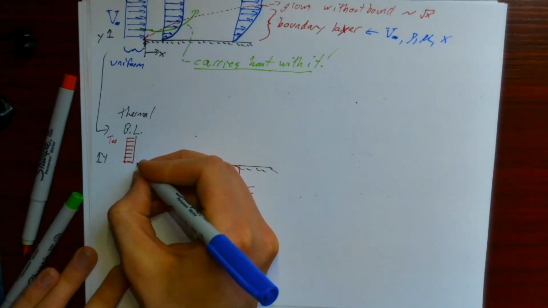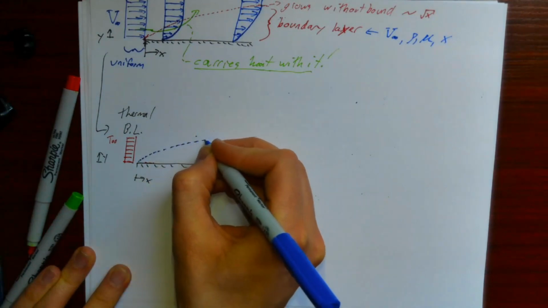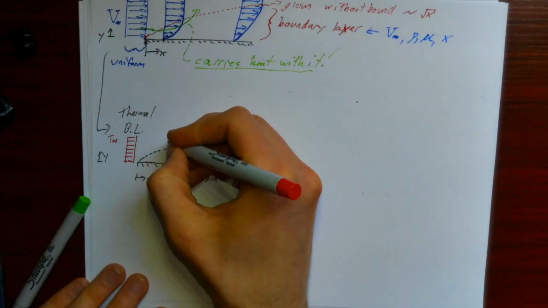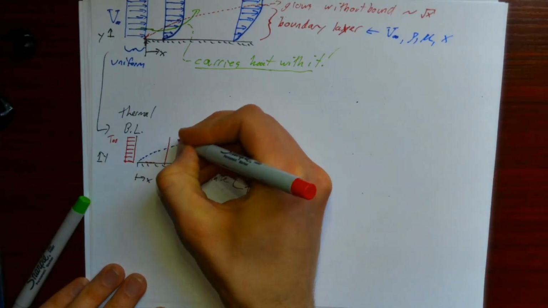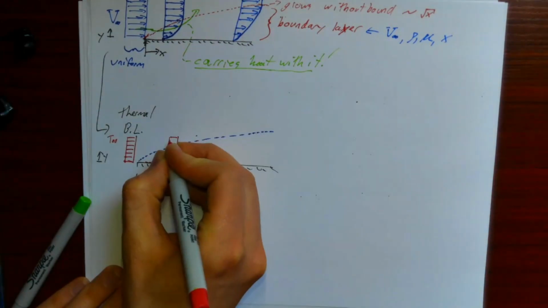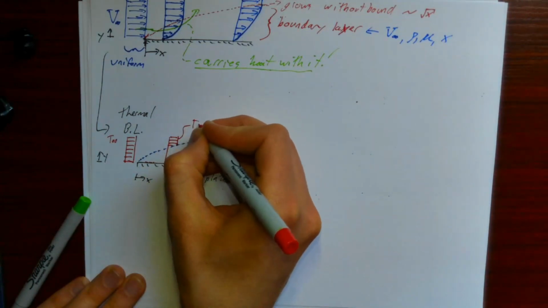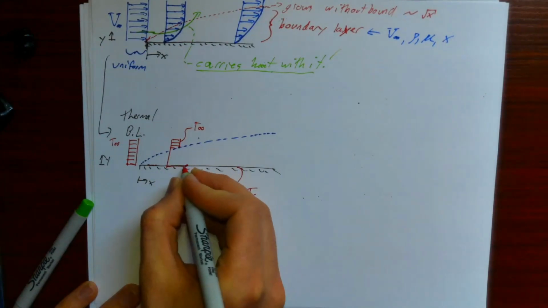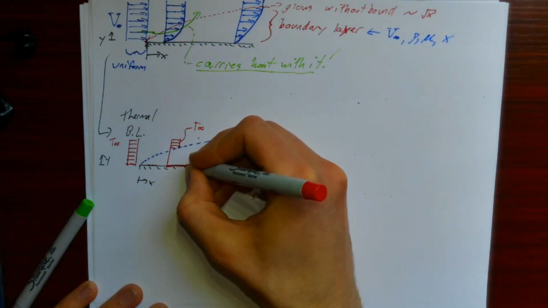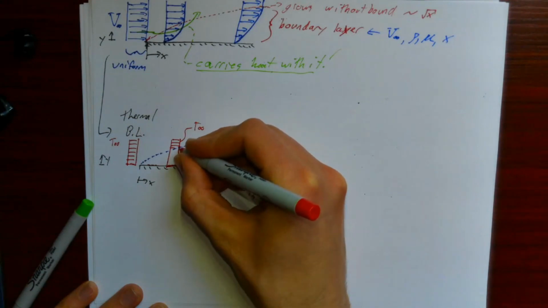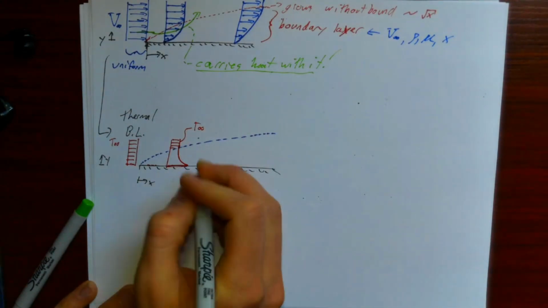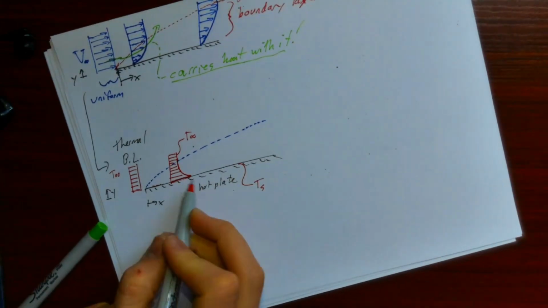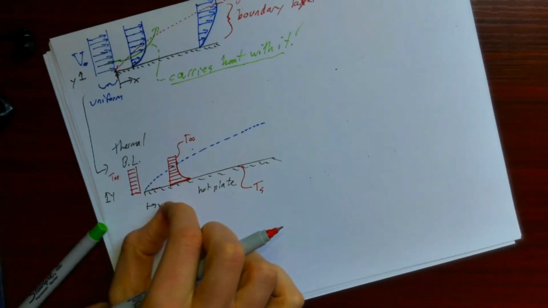So it turns out that there's this thermal boundary layer that develops, and it might look something like this. Outside of the thermal boundary layer, my temperature is at T infinity, but if my Ts is hotter than my T infinity, I'm going to transition from my hot Ts down towards T infinity over the thickness of this boundary layer. Here I'm plotting the length of these lines proportional to the temperature.